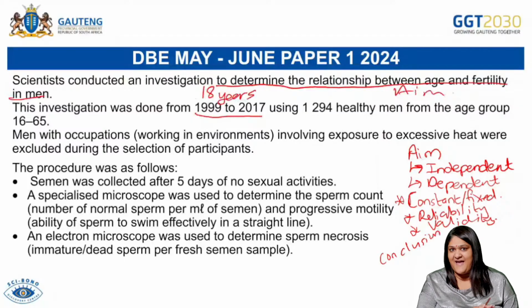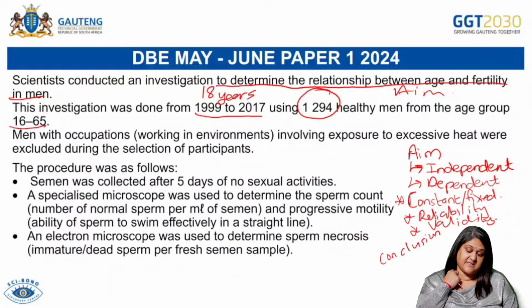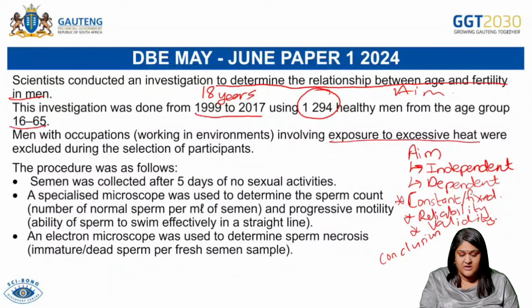So when you see values in a scientific investigation, usually it's going to be giving you some information that's related to reliability and validity. They used 1,294 healthy men from the age group 16 to 65. Men with occupations working in environments involving exposure to excessive heat were excluded during the selection of participants. Okay, so they don't want people that were exposed to excessive heat. What are they doing again? They are checking male fertility.